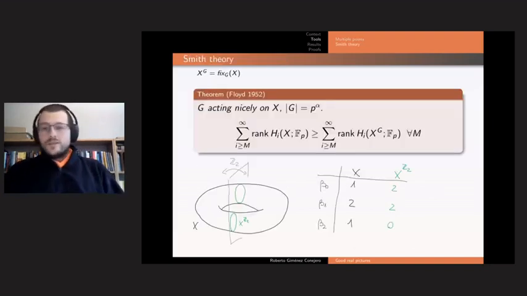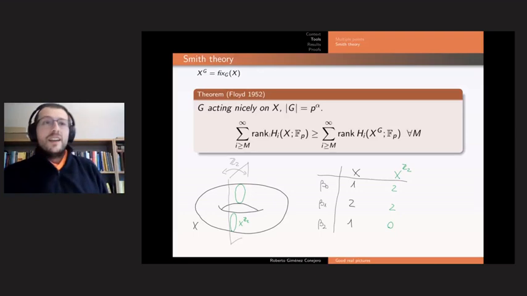We also use Smith theory, and this is very easy to understand in case you don't know. So if you have a good topological space, and you have also a good action of a p-group, so you have a group with p to the alpha elements that acts in a good way on your topological space.